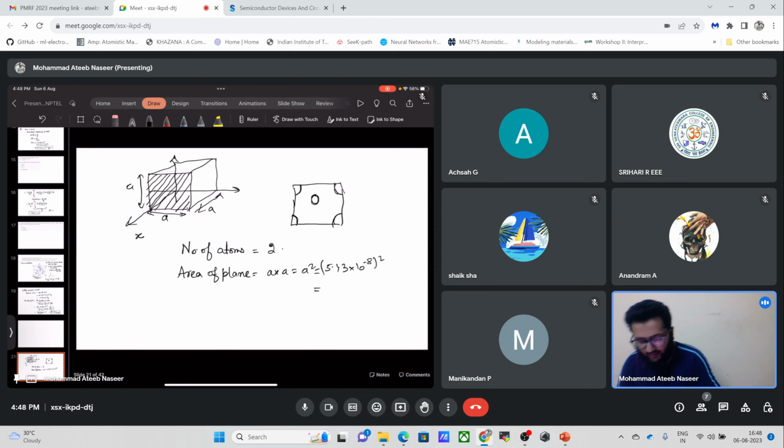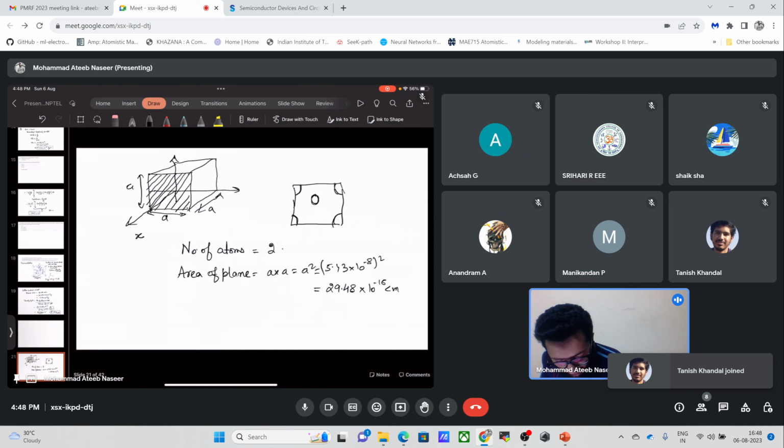In centimeters, it would be 29.48 into 10 to the power of minus 16 centimeter square. So this is the area of the plane which we are currently talking about, the 100 plane.